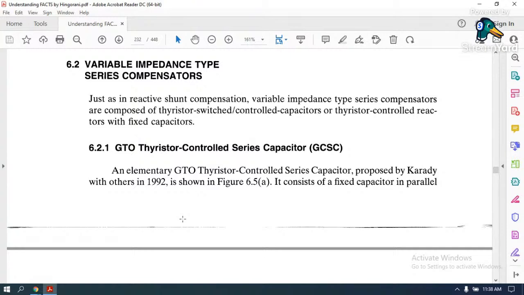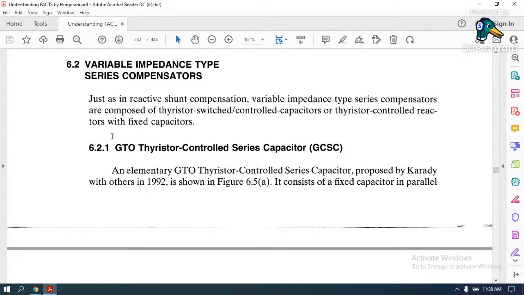Then who will consume it? So that's why we connect one shunt inductance for a long or medium transmission line. What is it used for? Just to absorb that excessive reactive power, right?